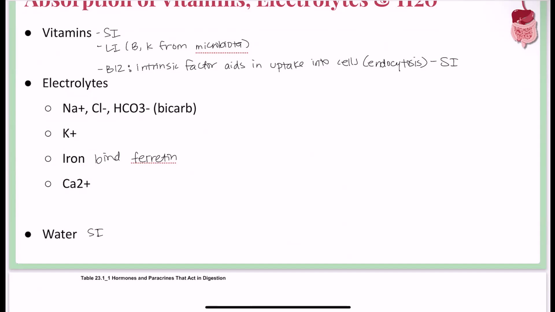Most absorption happens in the small intestine, because there's lots of water to absorb, since it's osmosis. So there's lots of water absorption in the small intestine. And then the large intestine does the rest.